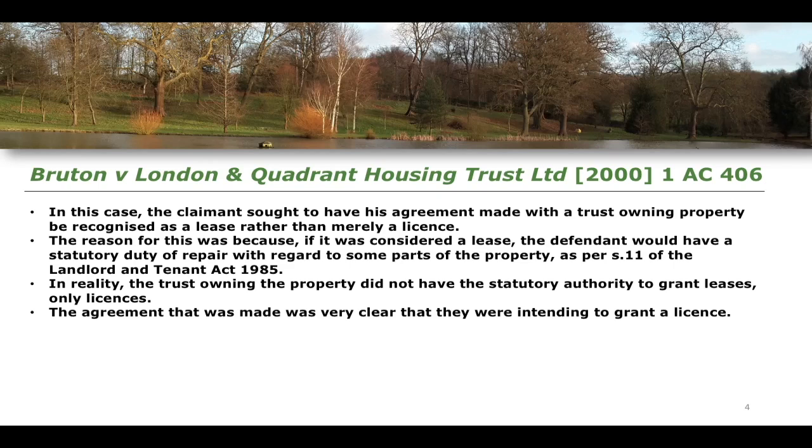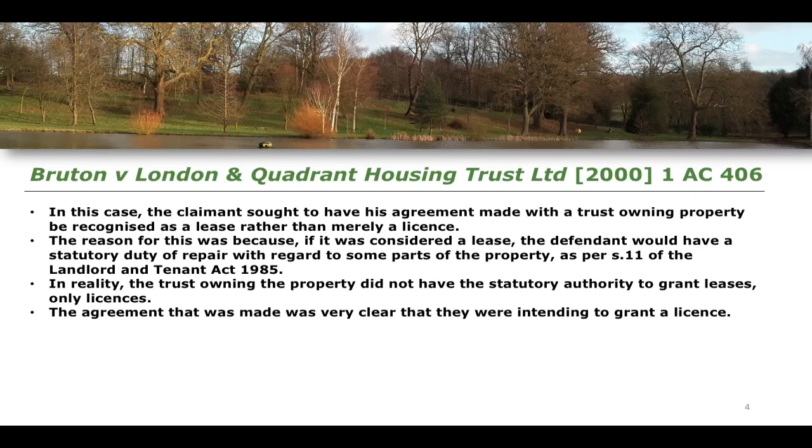In addition to the statutory power that the trust owning the property had only to grant licenses but not to grant leases, the agreement in question was very clear that it was intending to grant a license and not a lease. This is something that we will get to at various points throughout this series of lessons. The extent to which an agreement which is, by all accounts, described as or intended to be a license actually protects individuals against claims that in fact it is not a license, it is in fact a lease.